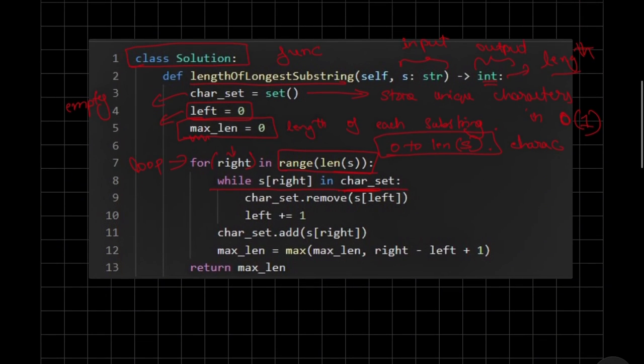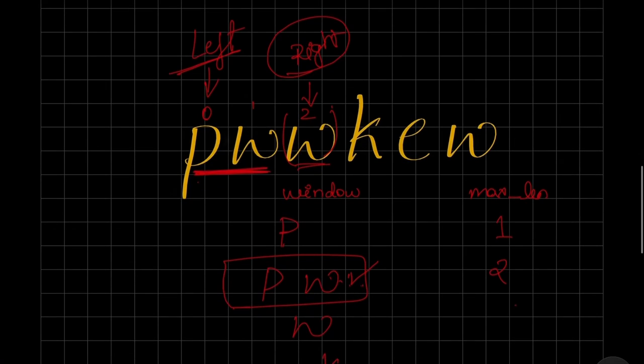So what do we do then? Character set dot remove s of left, which means we have to remove the duplicate which is there in the window, and we have to remove it by sliding the left pointer until the duplicate is removed.